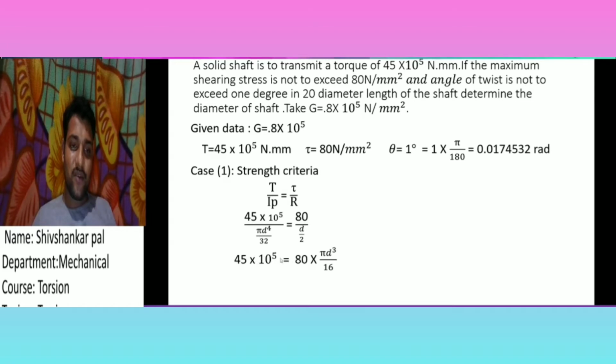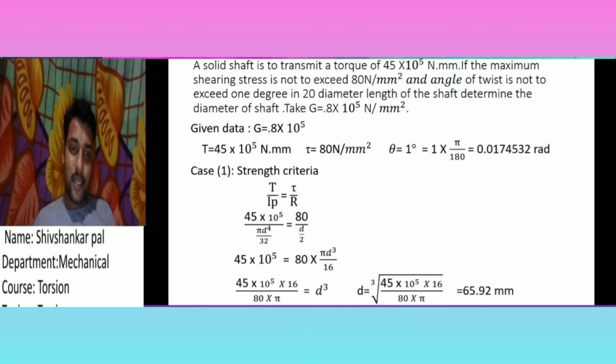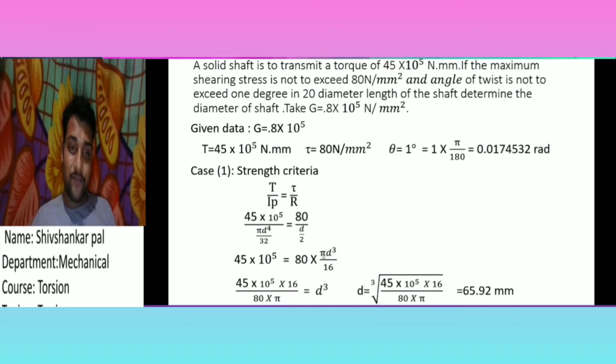The d by 2 cancels, then pi d^3 by 16 equals 80, and 45 × 10^5 goes into the numerator with pi and 80 going to the denominator side. So you will get d cubed.